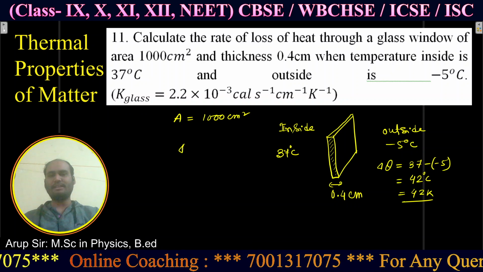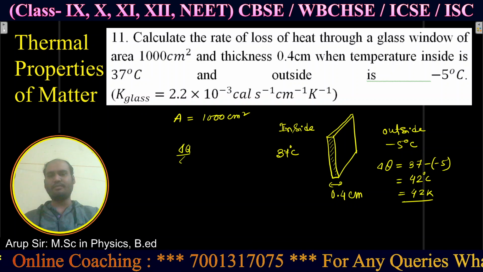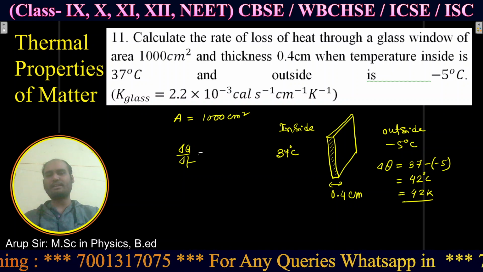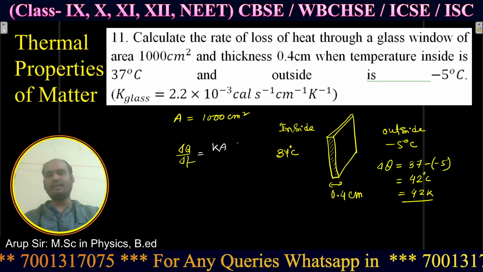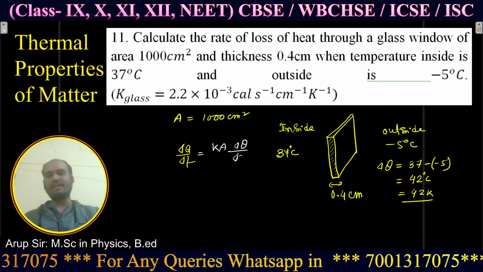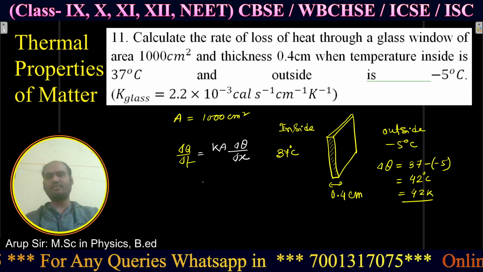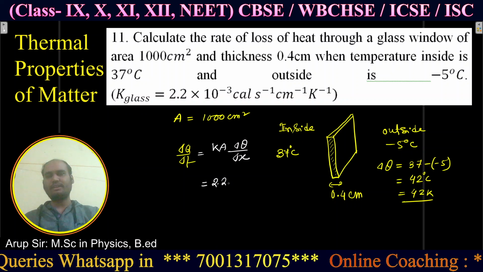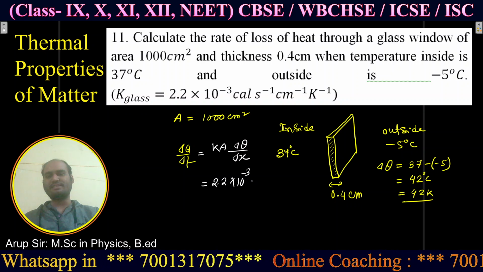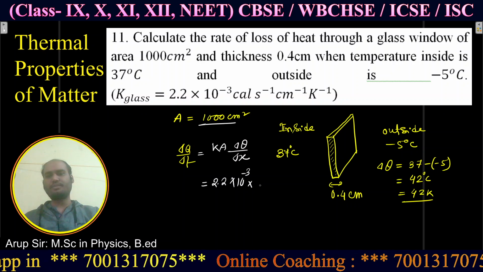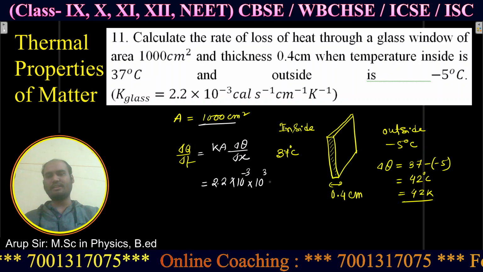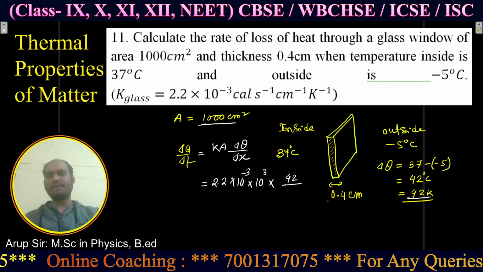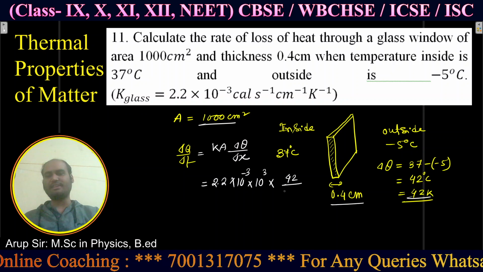So basically we need to find delta Q by delta T, and we know the formula for this: delta Q by delta T is equal to K A delta theta by delta X. K is given, which is 2.2 into 10 to the power minus 3 in the CGS system, into A, which is 10 to the power 3, into delta theta, which is 42, divided by delta X, the thickness in the CGS system.